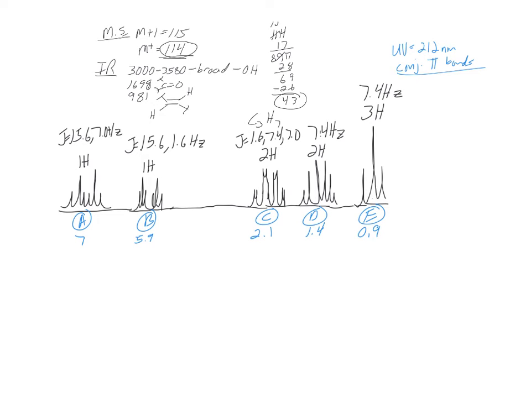So A is coupled to B, and it's also coupled to C. B is coupled to A, and it's also coupled to C. C is coupled to A and B, and either D or E. It can't be coupled to both.